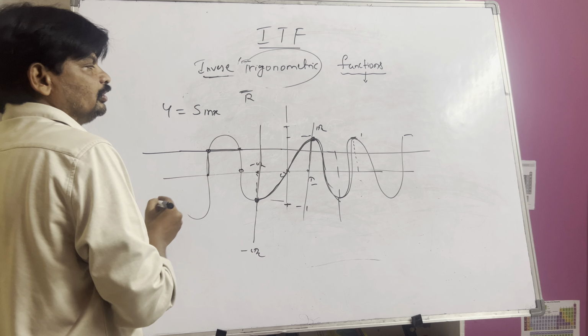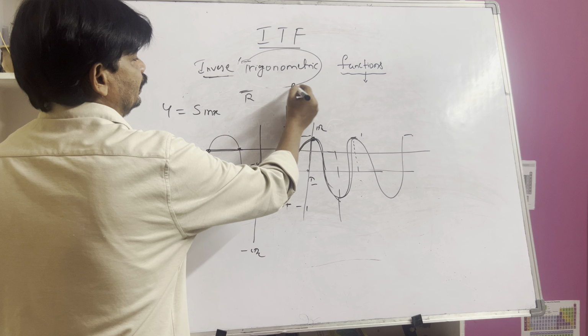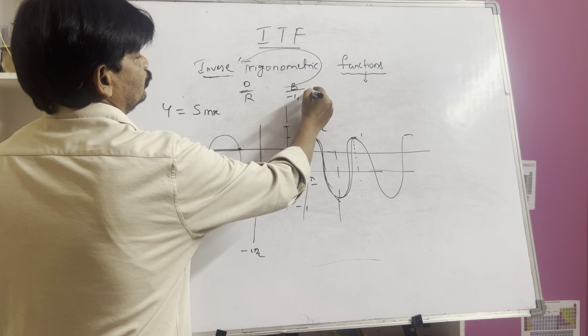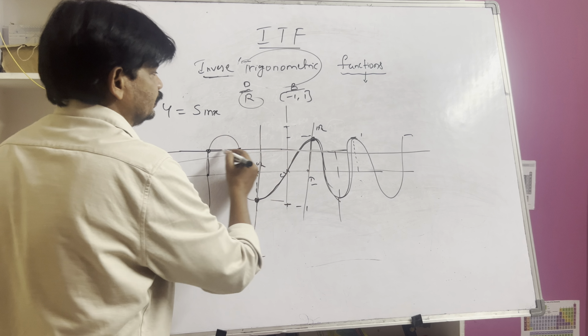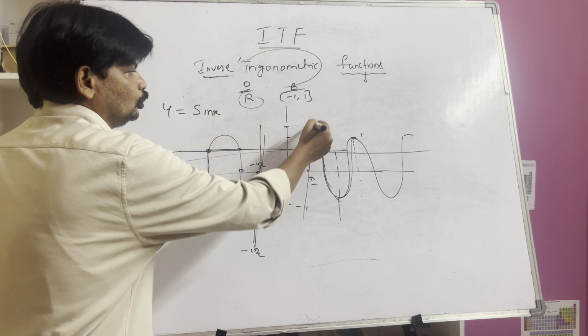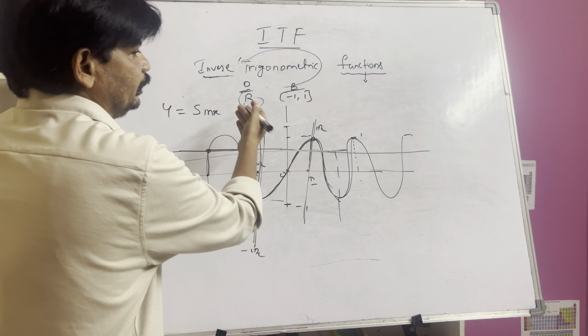Actually, the sin x domain is R and the range is the closed interval minus 1 to 1. So, instead of R on the x axis, we restrict to minus pi by 2 to pi by 2, so that it will be invertible.